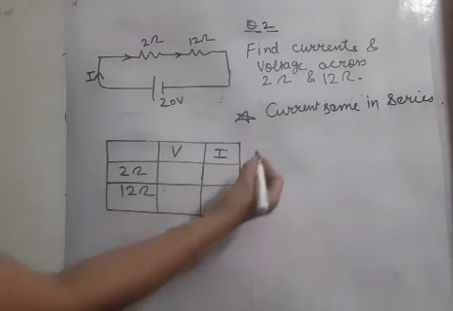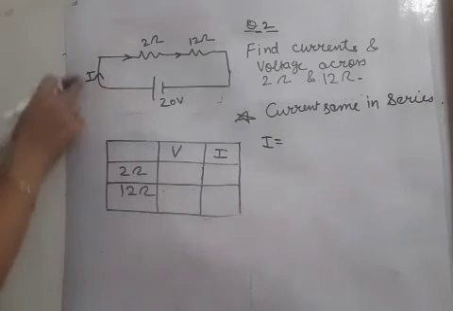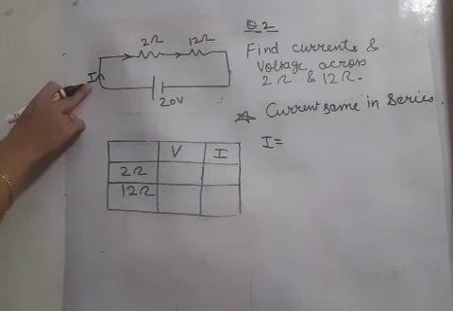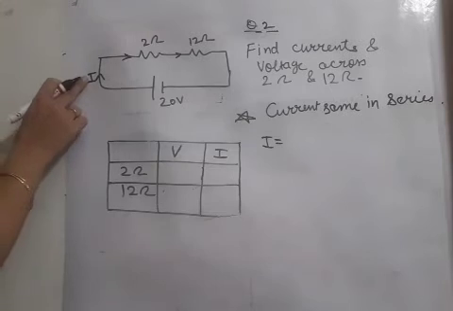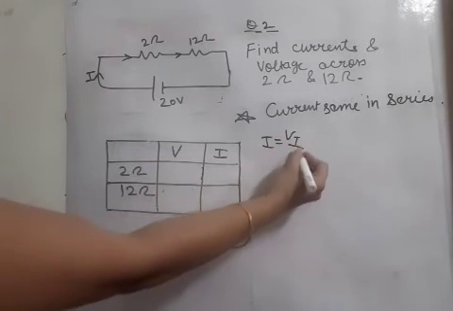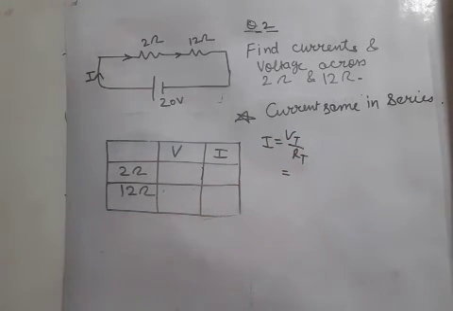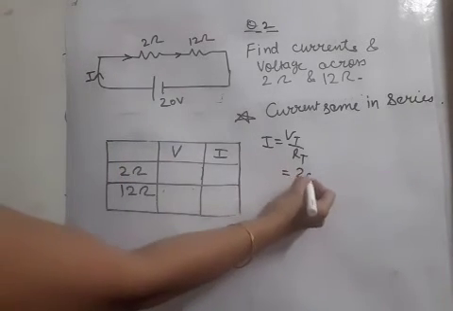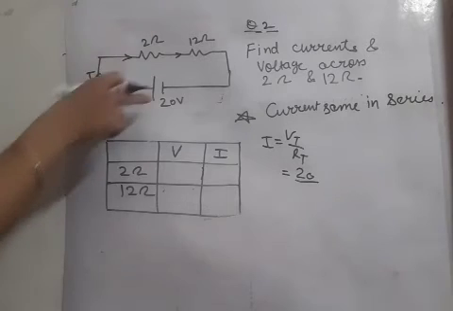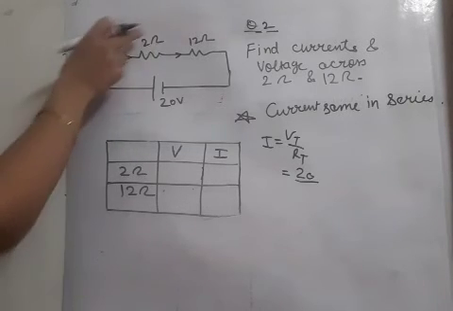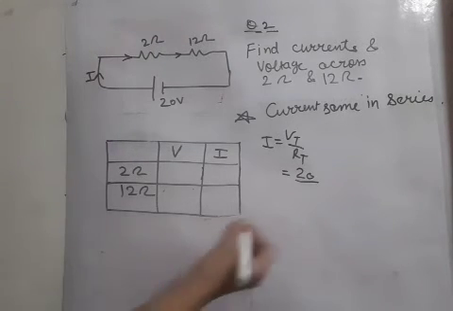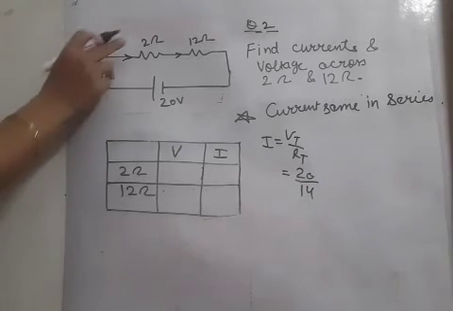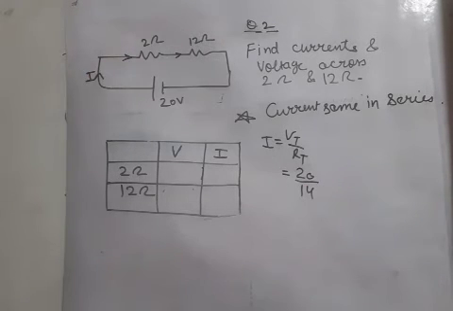Now the total current formula. We need first of all the total current. The total current formula is total volt upon total resistance. Total volt of this circuit is 20, and for total resistance we have 2 ohm and 12 ohm in series. So total resistance will become 14 ohm because 2 plus 12 is 14. In series we can directly add the two resistances to get total resistance.